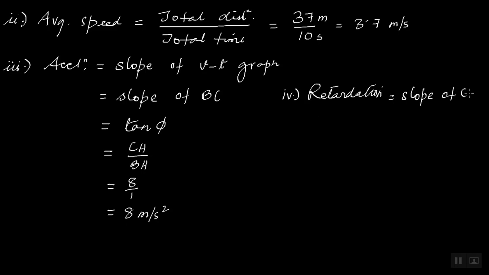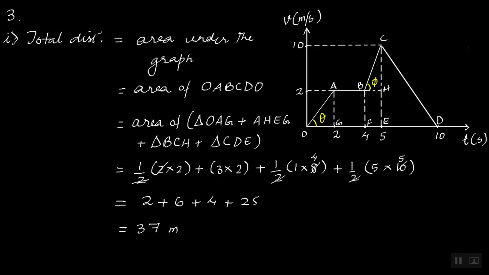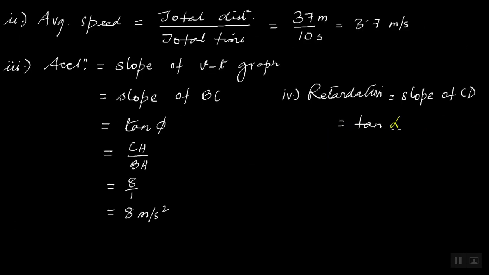And slope of CD is tan of which angle? This angle here. We can take that angle with a negative sign. Let's call this angle alpha. So that'll be tan of alpha.